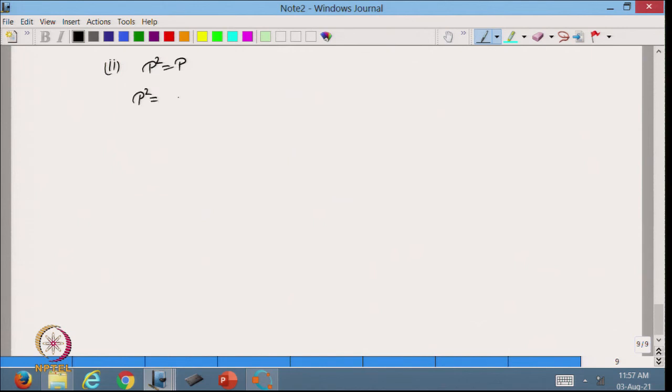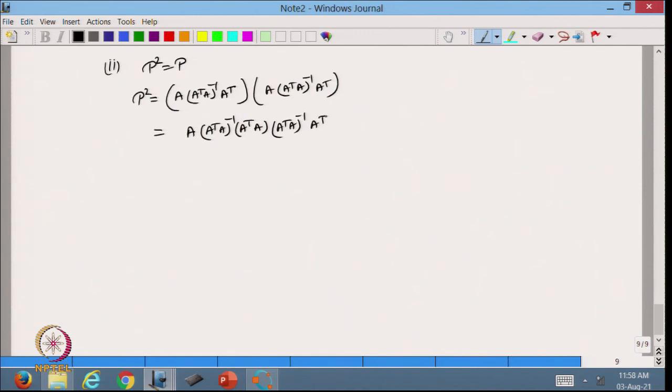So P square is A transpose A inverse A transpose, I write this one, and then A transpose A inverse A transpose, and this I can write as A transpose A inverse A transpose A A transpose.